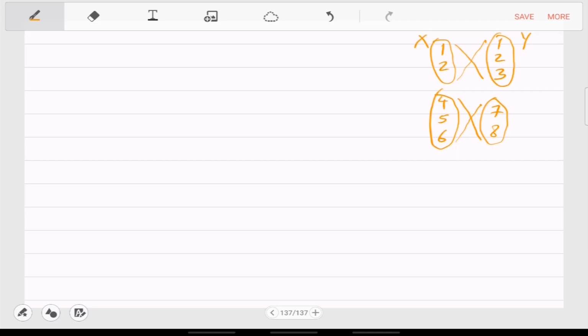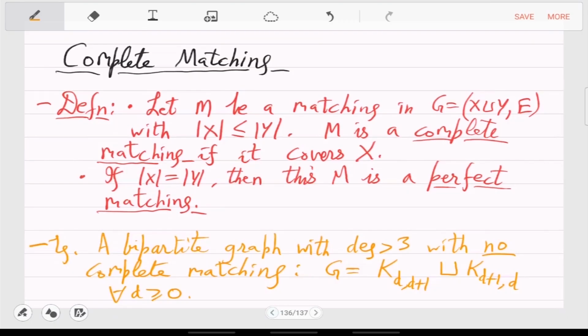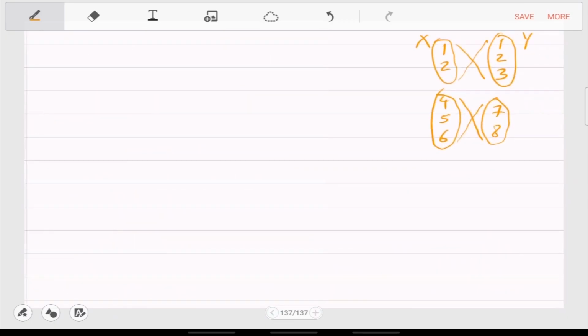Can you give me a subset of vertices which is of size, let's say, S, but their neighbors are of size less than S in this graph?